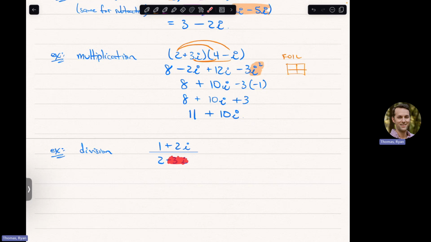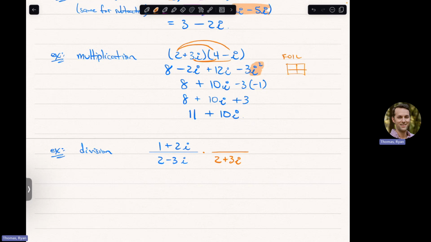Well, if that 3i wasn't there, I can imagine dividing each of these things by 2, just splitting them in half. I don't really know what it would mean to divide by 3i though. So the way we handle division with complex numbers is to rewrite it so that we don't have to divide by a complex number.